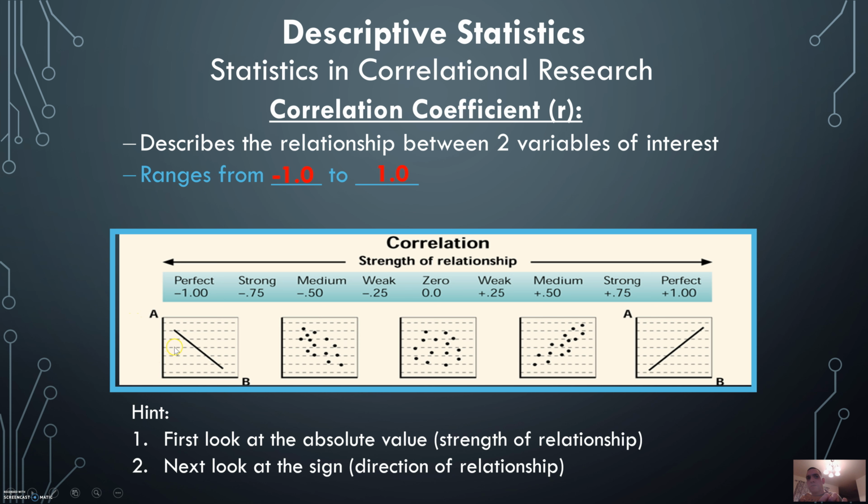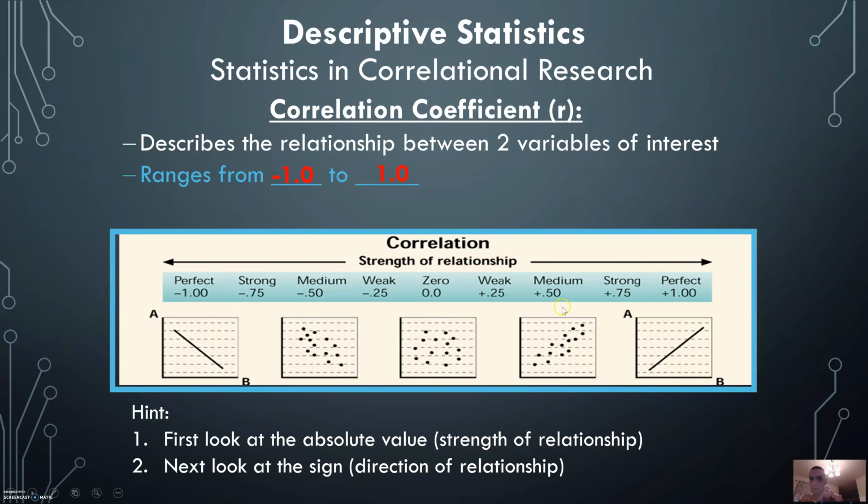So on this side we have a -1 relationship, and on this side we have a +1 relationship. But one of the things I wanted to show you is that you can have strong relationships on both the negative side and the positive side.